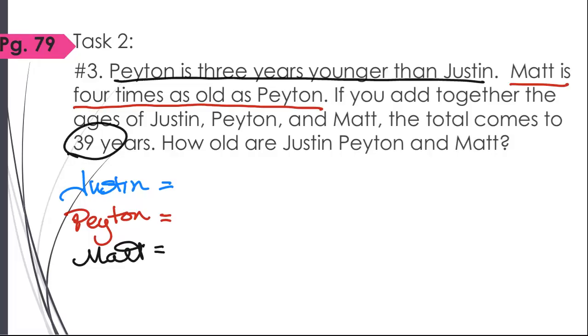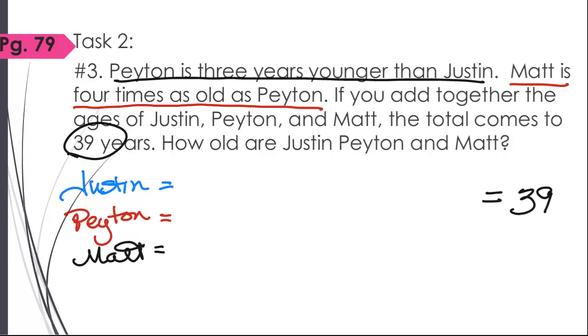Total. So where am I going to put that 39? To the far right. Yes. How old are Justin, Peyton, and Matt? Who is this whole problem going to be based on then? Justin. Matt, Peyton, Justin. I think I heard all 3 names. It didn't say anything about Justin's age.